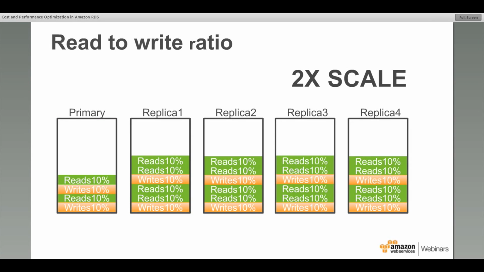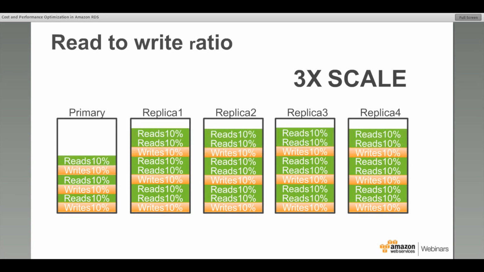By simply going to 2x scale, because the capability of the individual instances still has room to grow, I can go all the way up to 3 times scale. So again, we're not necessarily scaling writes very well because we're still replicating writes across all my replicas, but now I can dramatically increase my read performance and scale my operation that way.